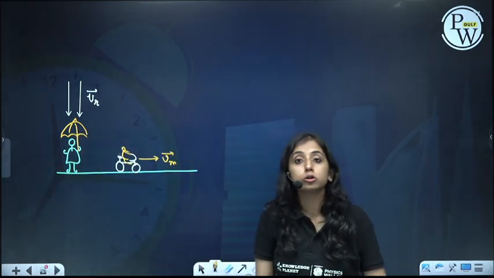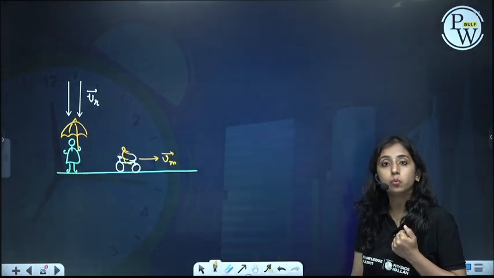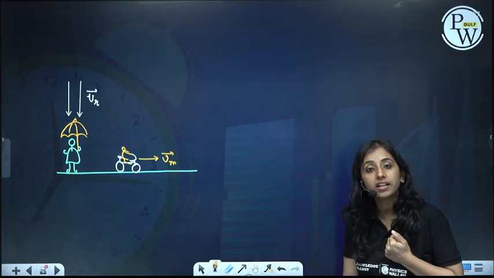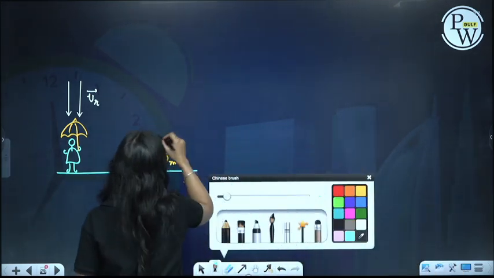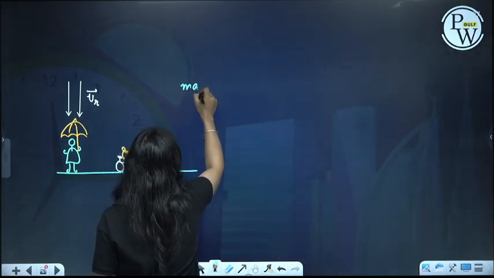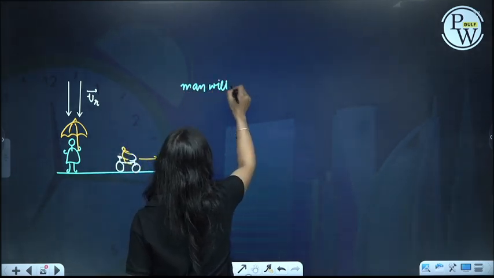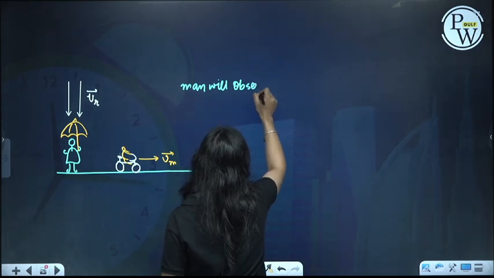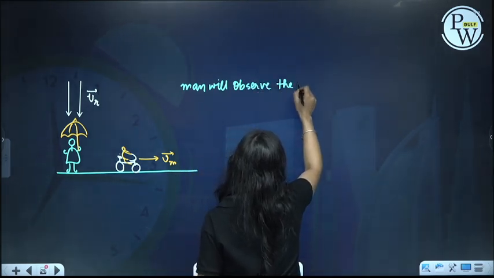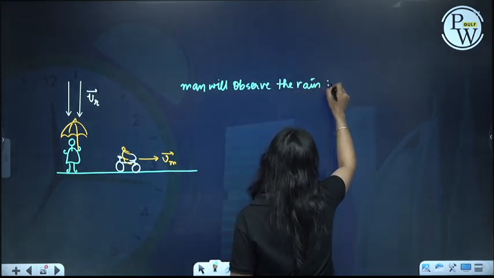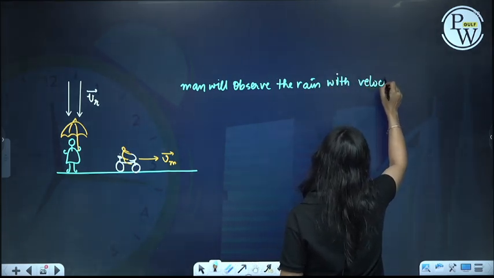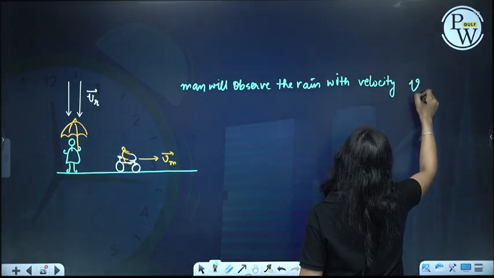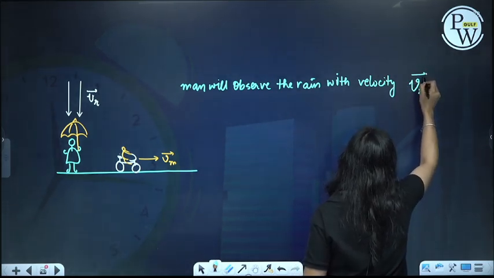Will the man also see that rain is falling vertically downwards? No. The man will observe the rain with a velocity, velocity of rain with respect to man.